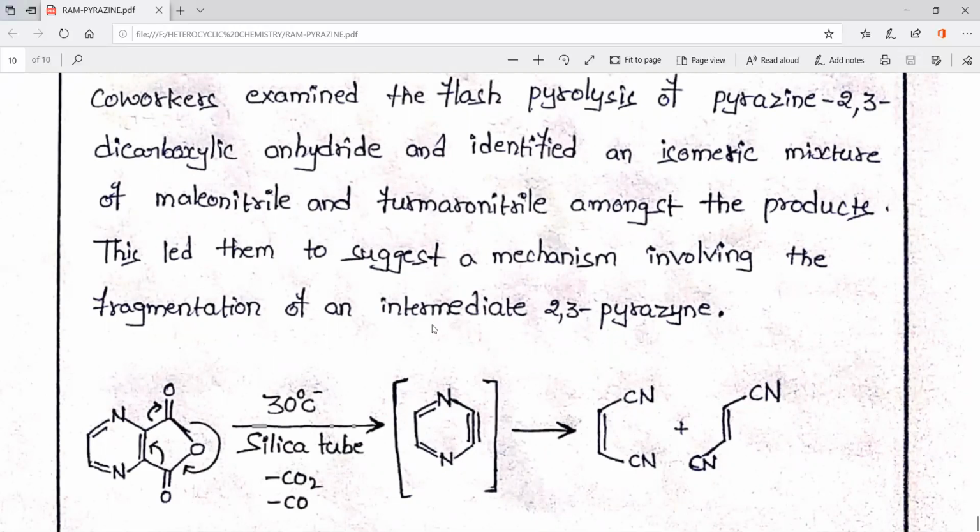So this reaction involves the formation of this 2,3-pyrazyne as an intermediate. The intermediate formed is a 2,3-pyrazyne. The compound is containing a 2,3 triple bond.